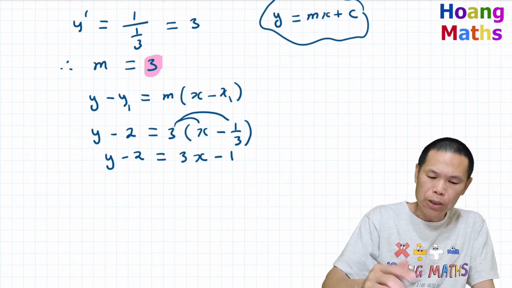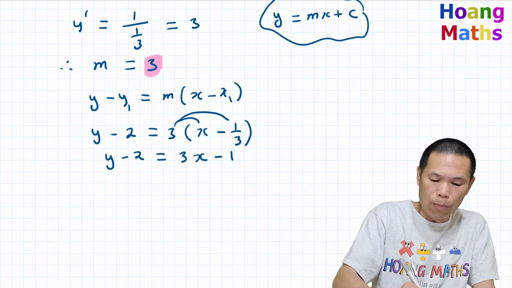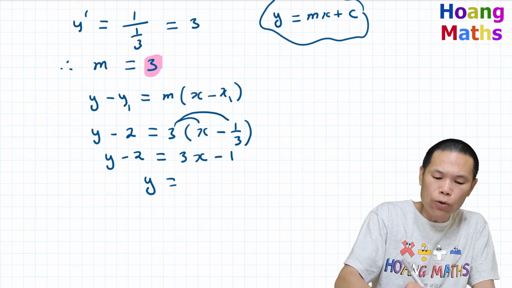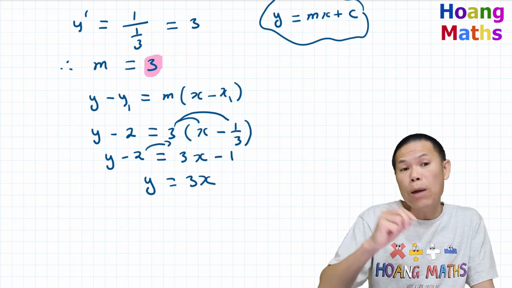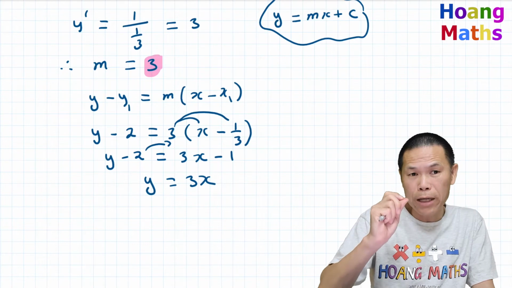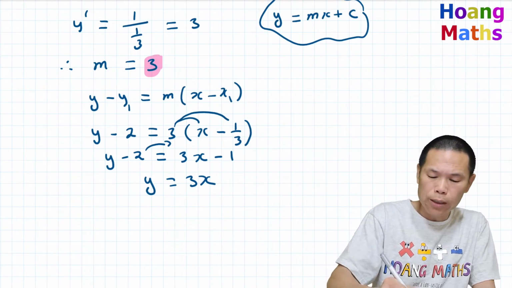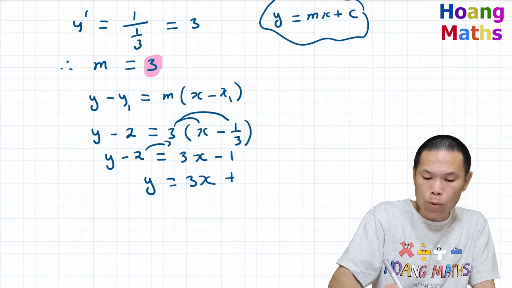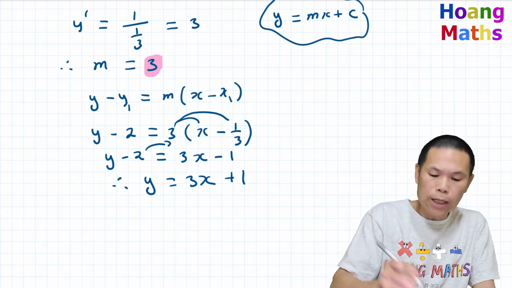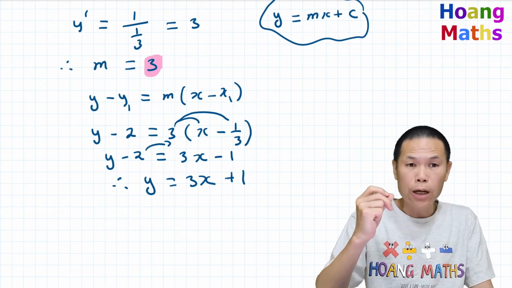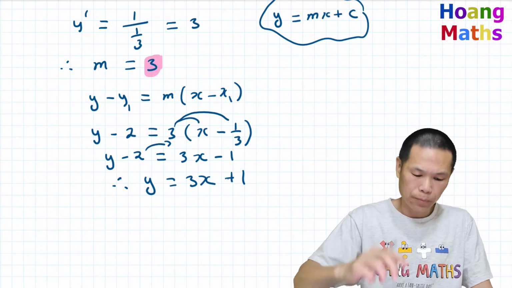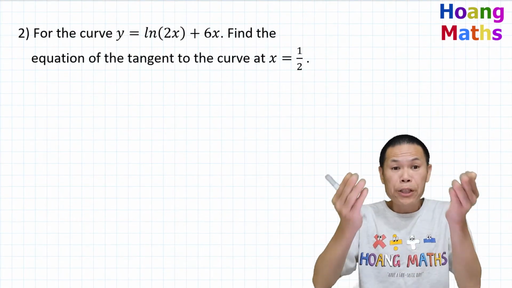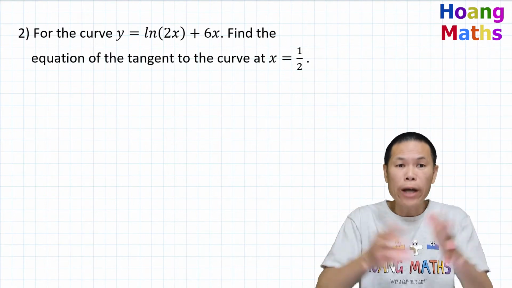Let me write it in gradient-intercept form. y is equal to 3x, and I move the negative 2 to the other side and it becomes positive, so minus 1 plus 2 is 1. Therefore, the equation of the tangent to the curve is y equals 3x plus 1. Please pause the video and try this one yourself.